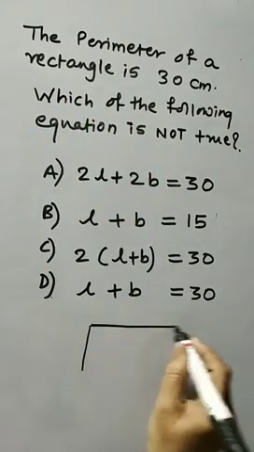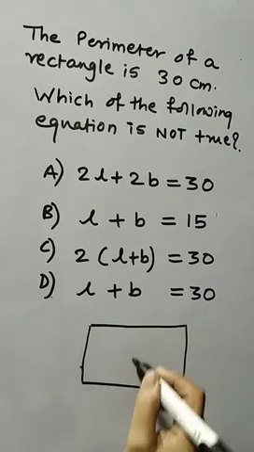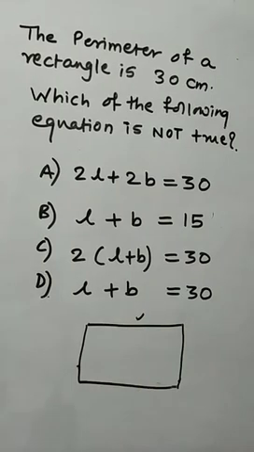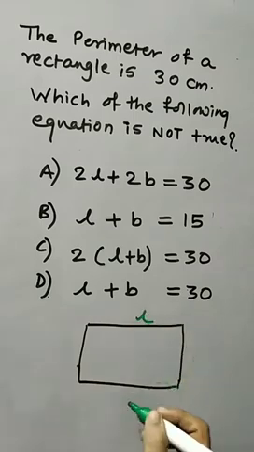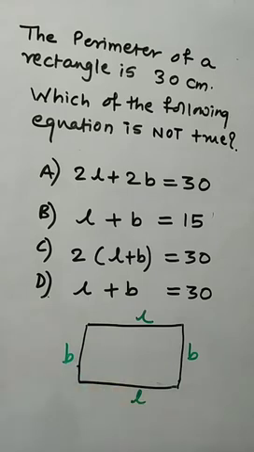So in a rectangle, the longer side is length, shorter side is breadth. So when you say perimeter, it is not necessary that you remember the formula for perimeter. All you have to remember is length plus breadth plus length plus breadth is equal to 30.